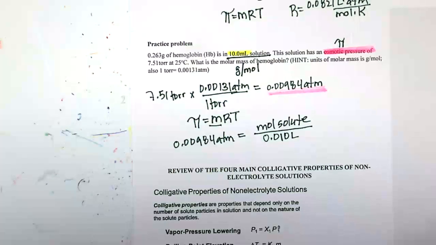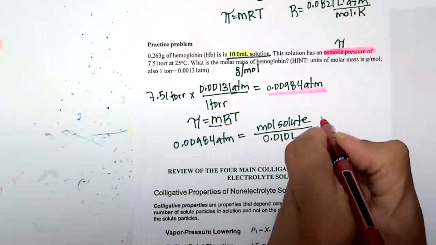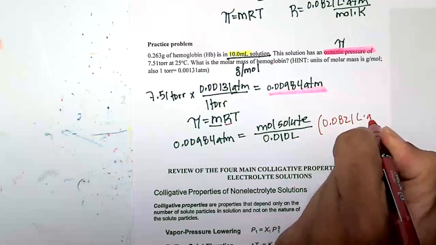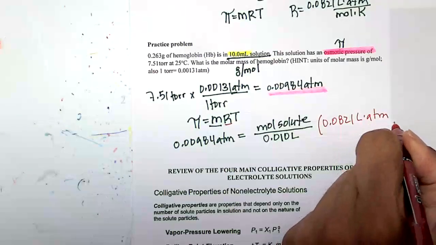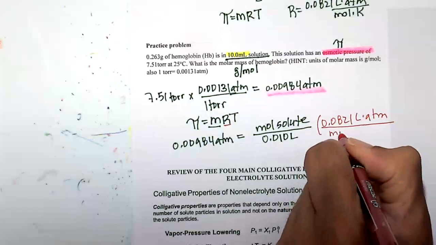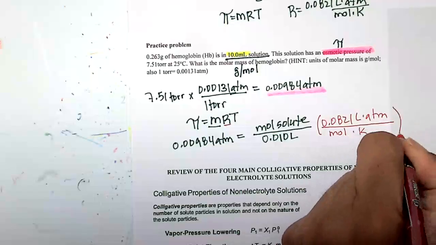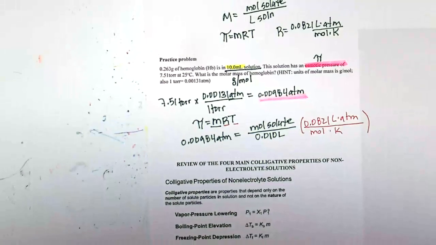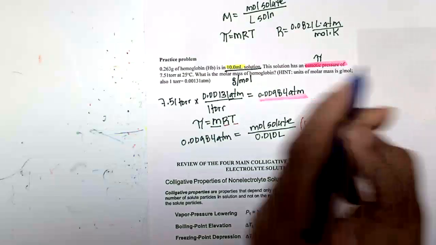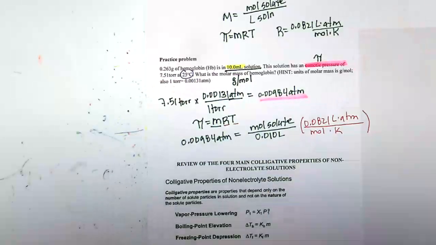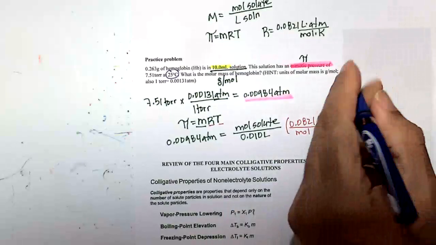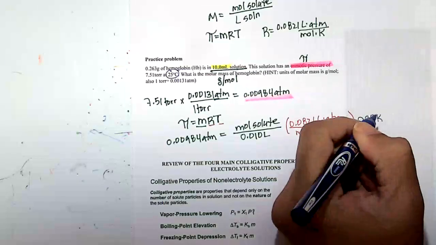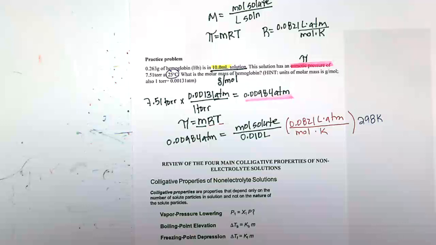R is 0.0821 liters atmosphere per mole Kelvin, which I'll give you on the exam. T is temperature, and our temperature here is 25 degrees C. I'll add 273 to get it to Kelvin.